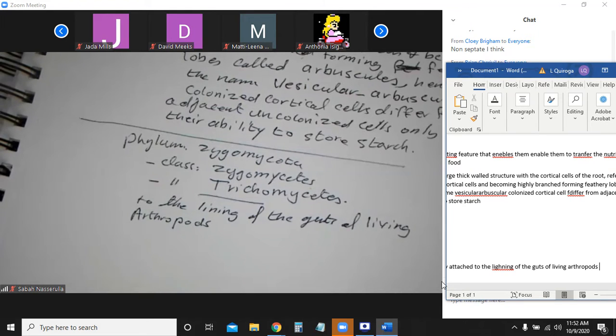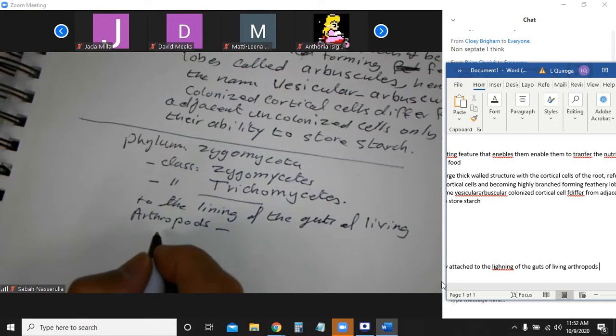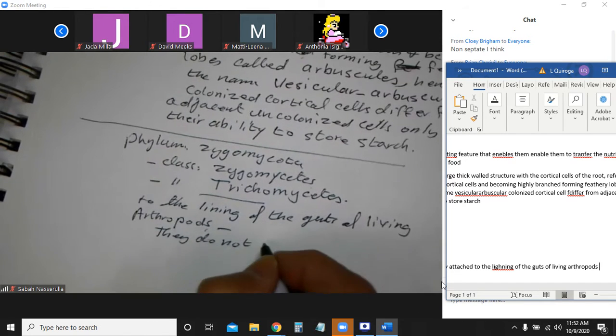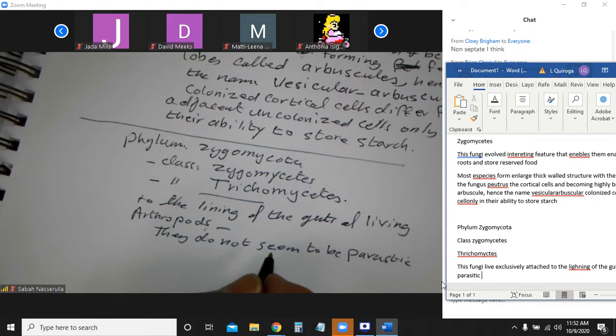And as I mentioned, they do not seem to be parasitic. And they are regarded as commensals.